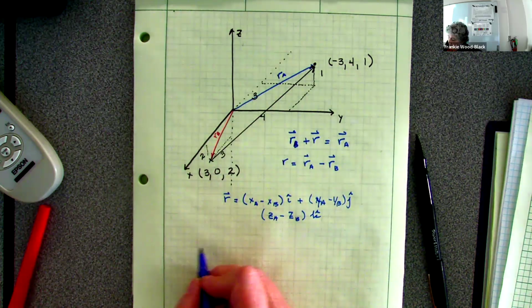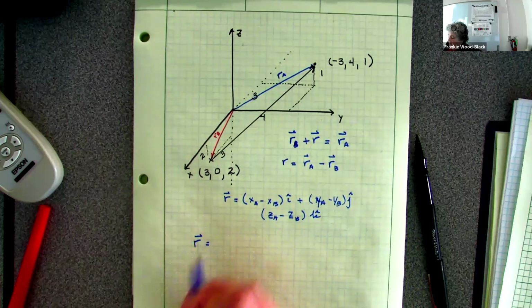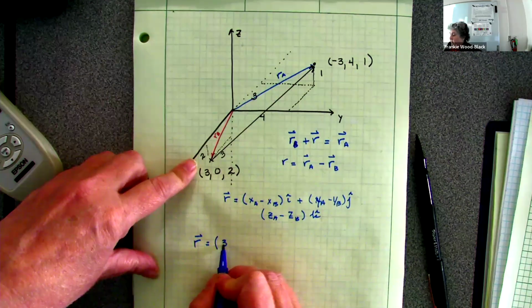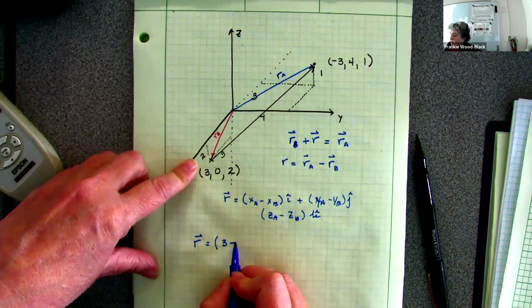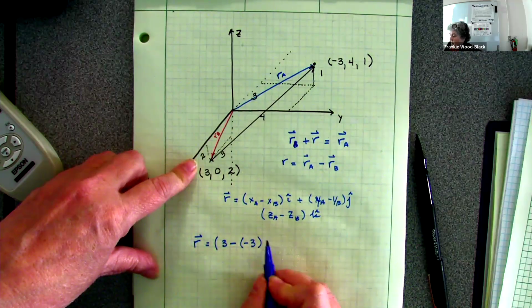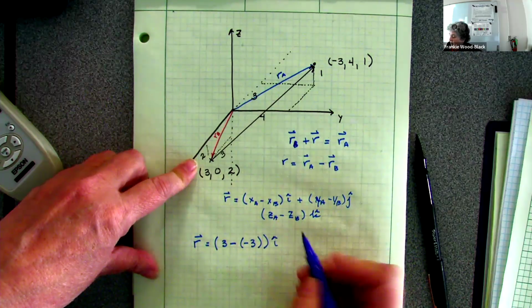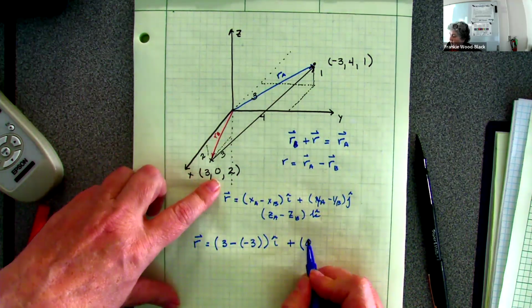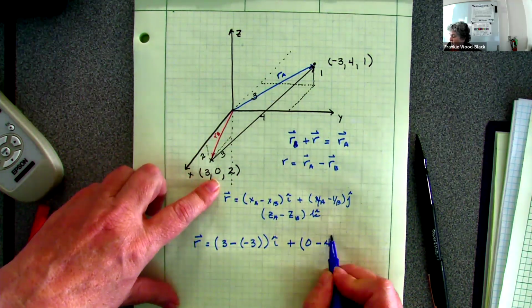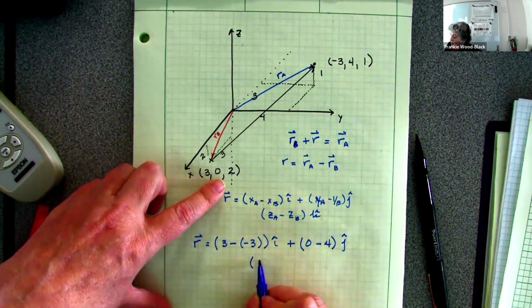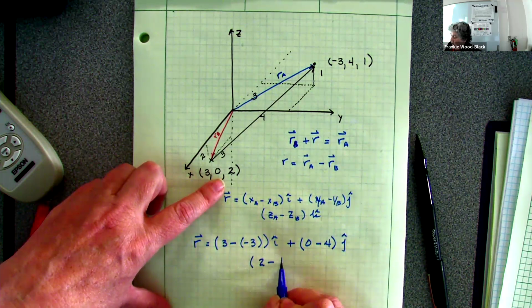So my R is going to be 3 minus my minus 3, my 0 minus 4, and my 2 minus 1.